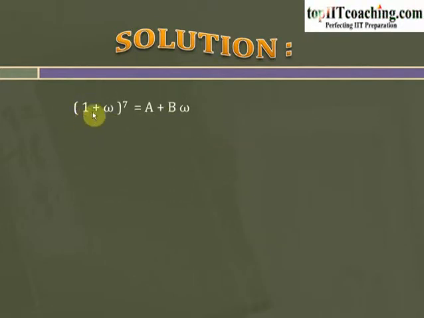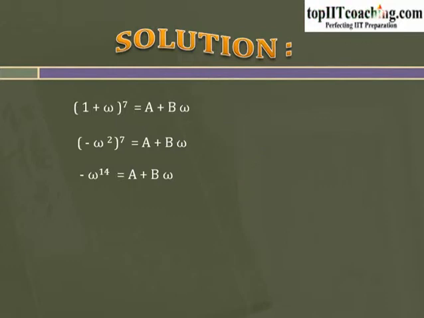Given to us is (1 plus omega) whole to the power of 7 equal to a plus b omega. Now we can write 1 plus omega as equal to minus omega square, because 1 plus omega plus omega square is equal to 0. Thus (minus omega square) to the power of 7 equal to a plus b omega. This becomes minus omega to the power of 14 equal to a plus b omega. Now omega cube is equal to 1.